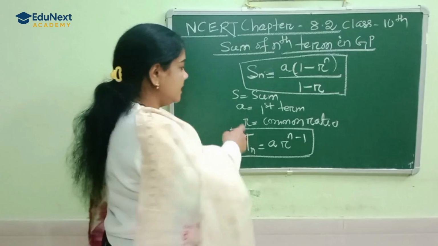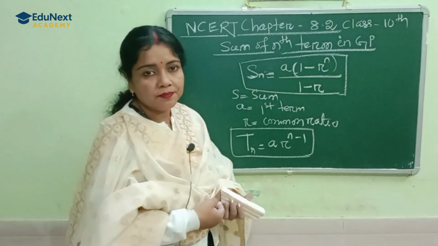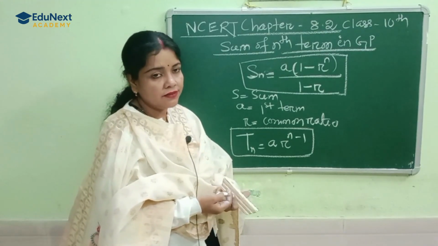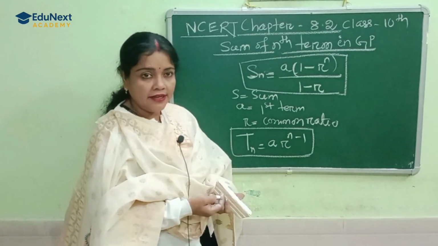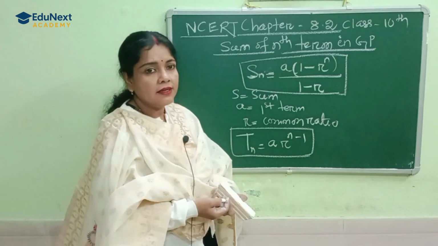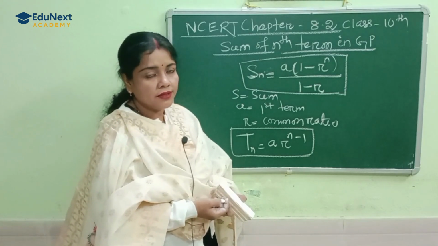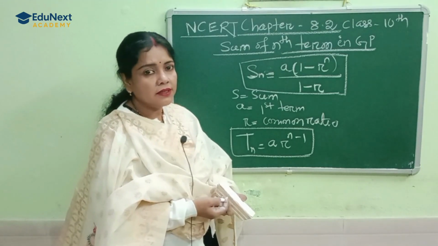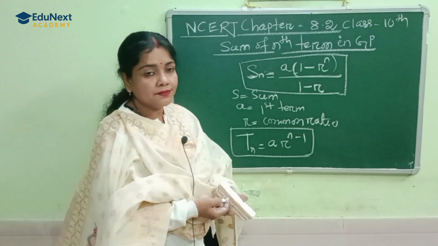Here r is the common ratio, which means if you divide the second term by the first term, the third term by the second term, and so on, you will find a constant number. That constant number is your common ratio, that is r.